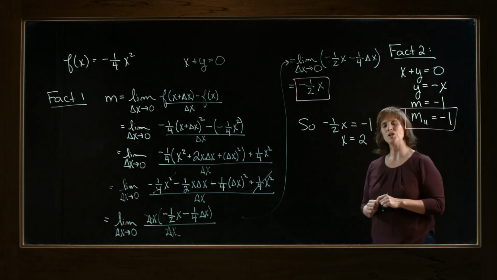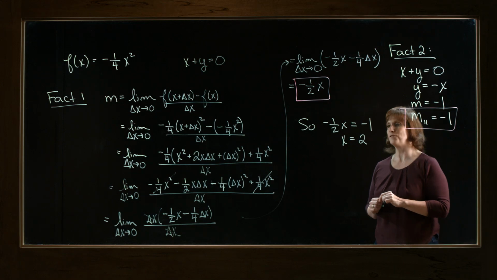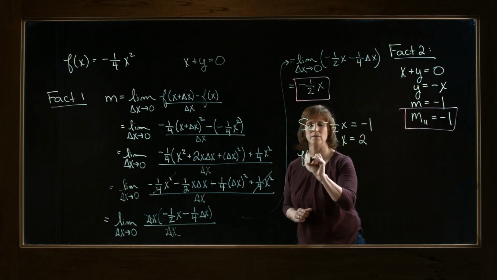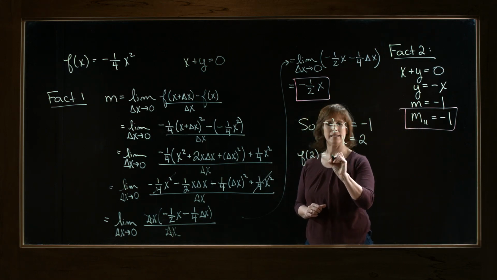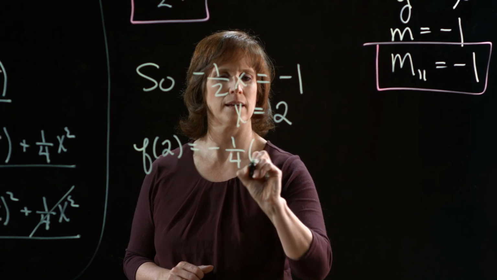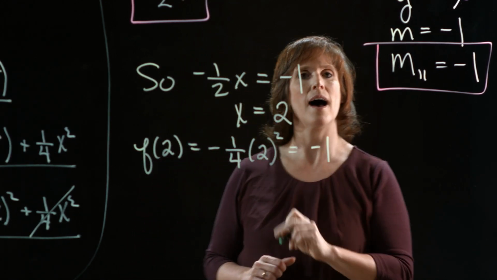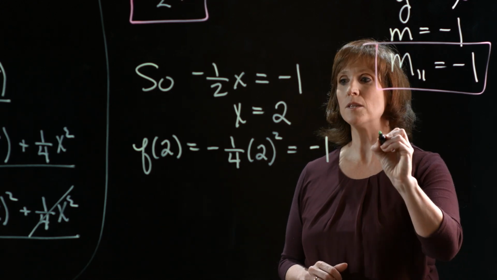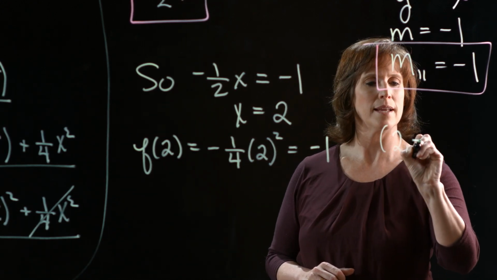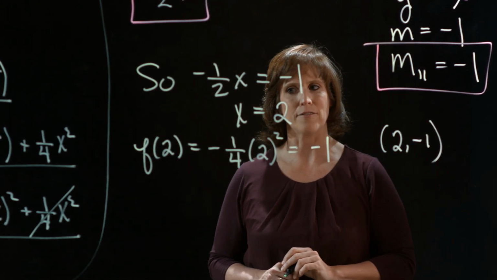Well, if x equals 2, I can find out what the y-coordinate is by evaluating f of 2. So what is f of 2? F of 2 is -1/4 times 2 squared, or in other words, -1, which means that the point (2, -1) is on my graph.